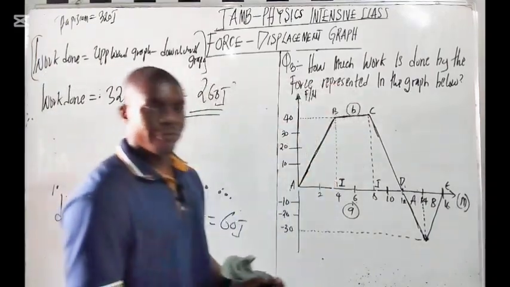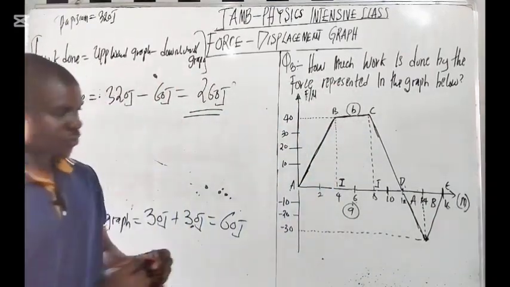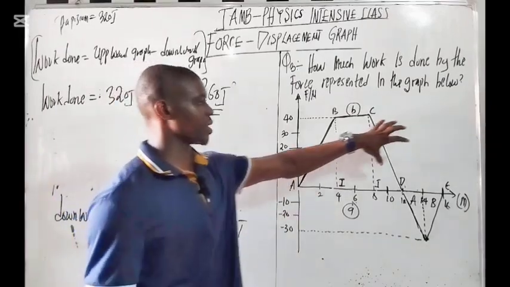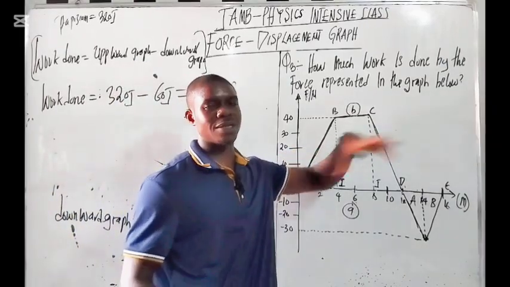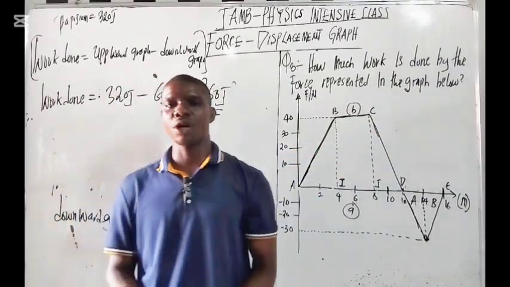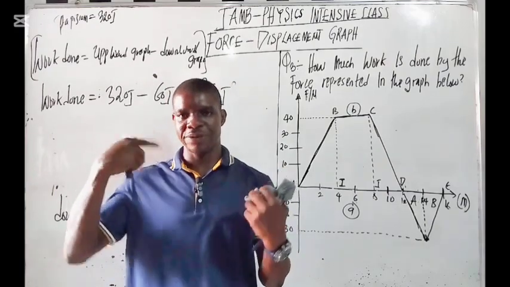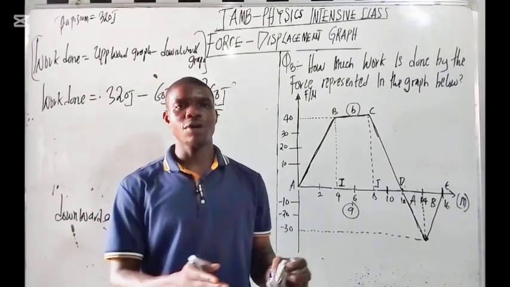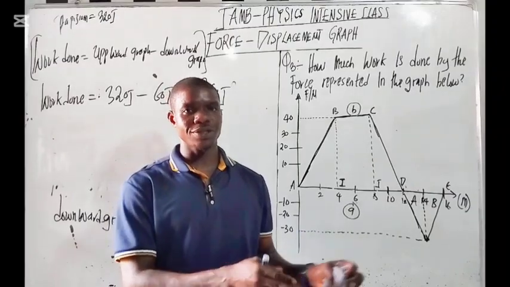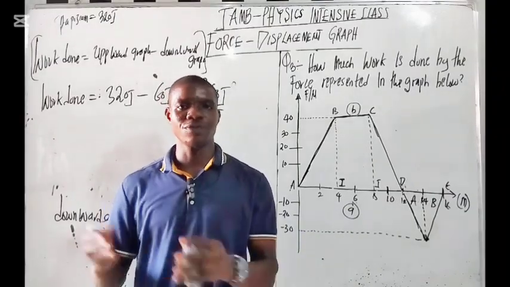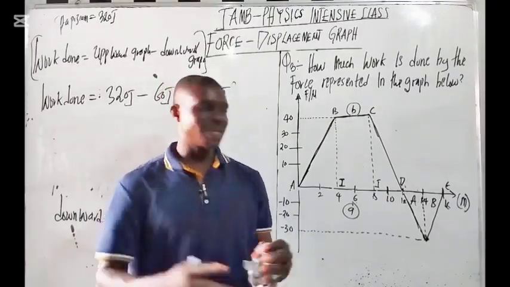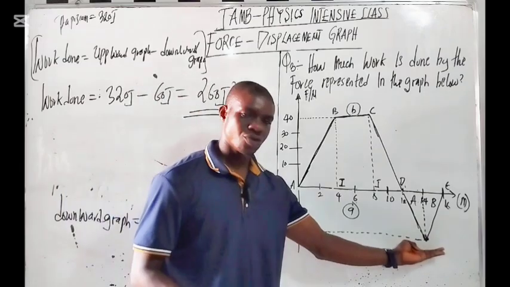But from what I have discovered, JAMB don't normally ask this here, but I just have to explain it so that you don't feel like I only solve simple questions in this video and don't solve difficult ones. Do you understand? That is the reason why I went ahead to solve this kind of question.